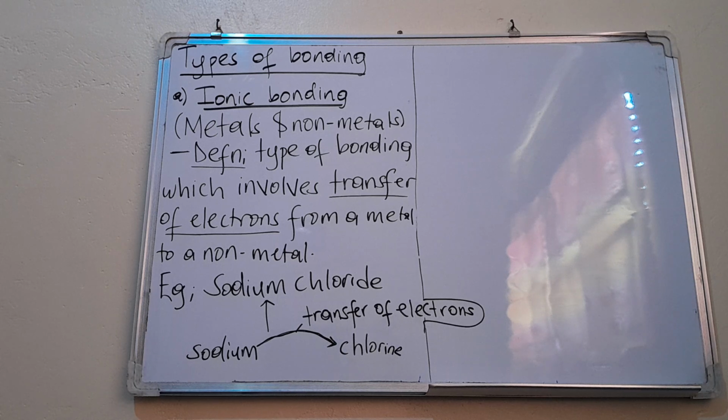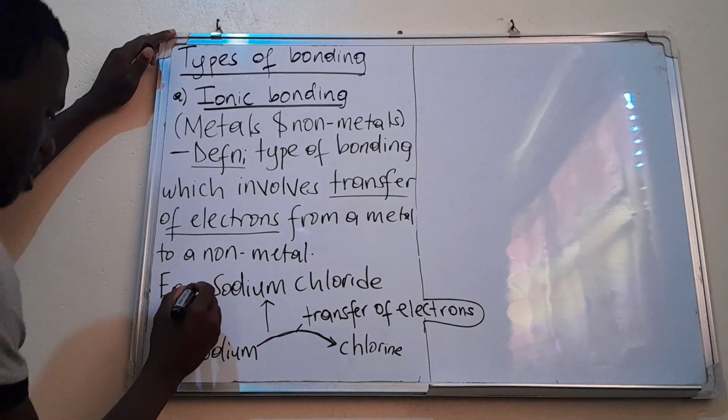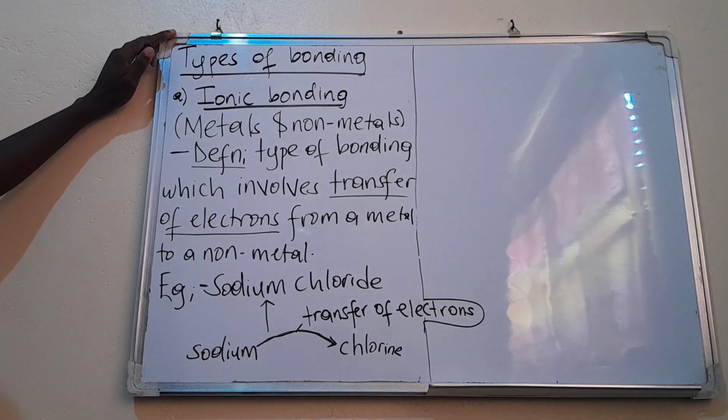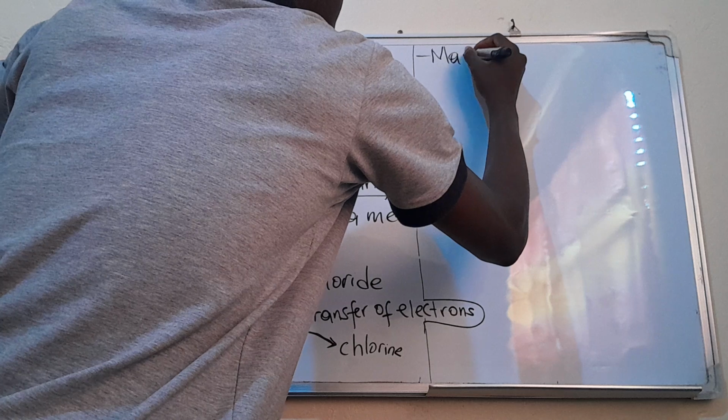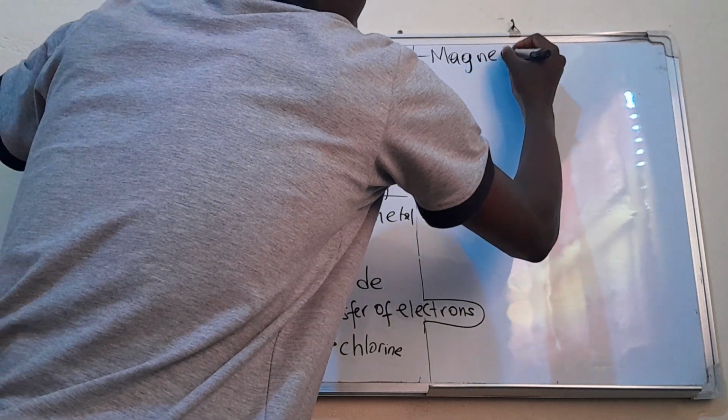I can give you another example of an ionic compound. Think of any compound whereby we have, within that compound, a metal and a non-metal. I can give you an example of magnesium oxide. Our first example was sodium chloride. Another example is magnesium oxide.